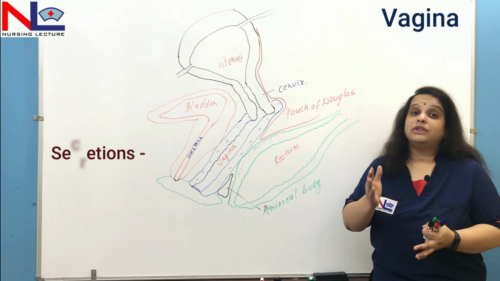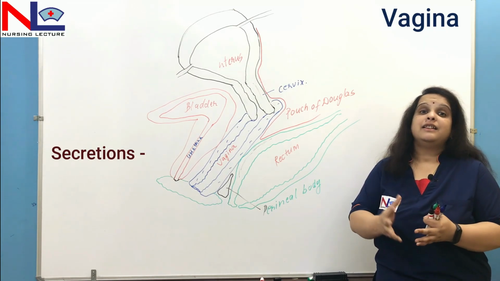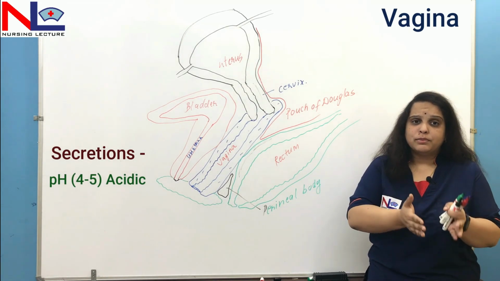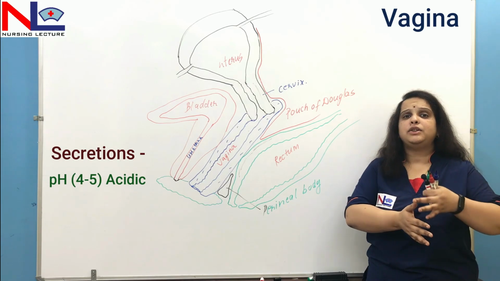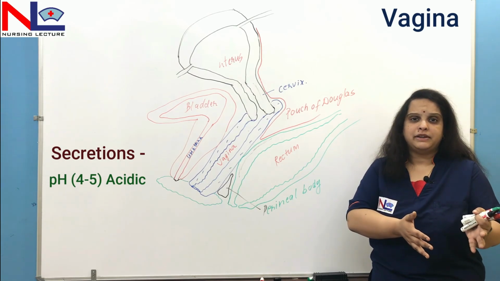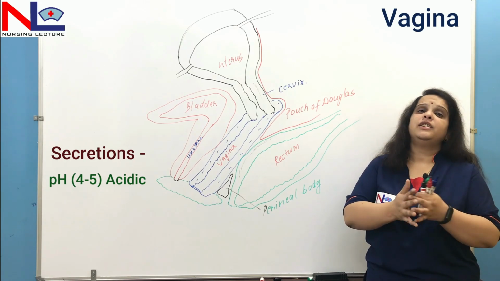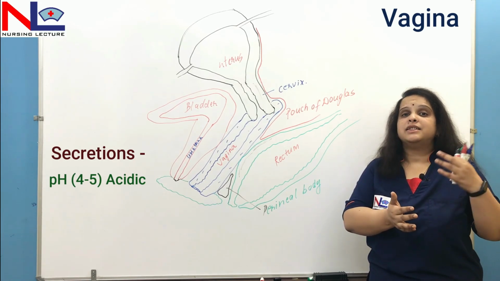Now if we talk about the pH of the vagina, then this is acidic in nature. So what happens from puberty to the menopausal period, where the woman lies within the reproductive age, is that the estrogen level remains high.